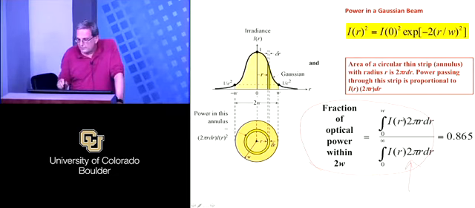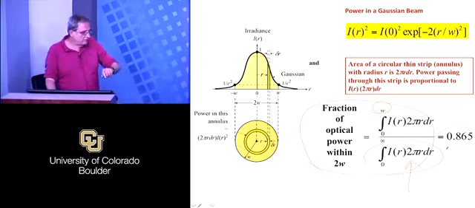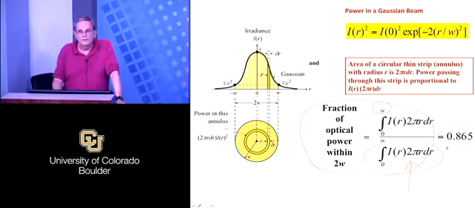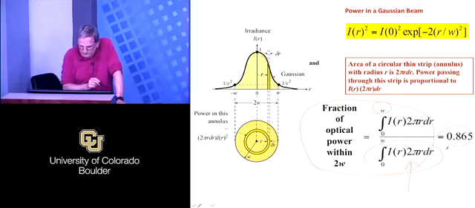If we want to find out the average power, it would be the amount going out to some annulus divided by the total. So again, we find out we get something like 86% of that power is within the 2 sigma points of the beam. Okay.